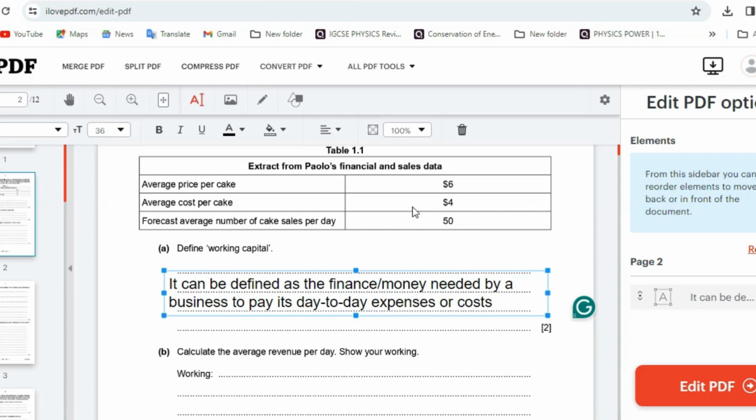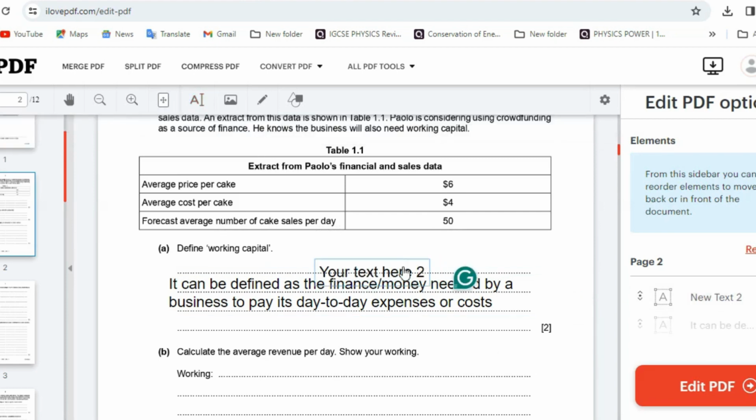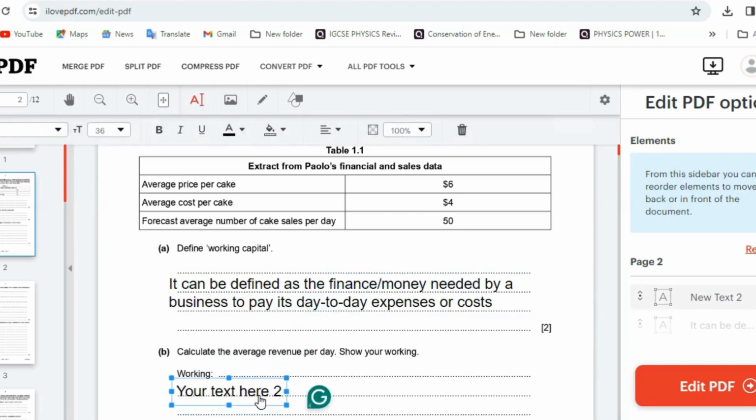Let's show our calculation before we move forward to the final answer. It will be price multiplied by number of units sold.